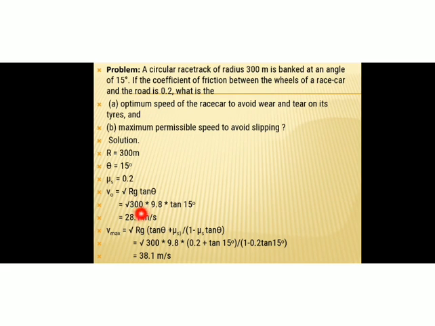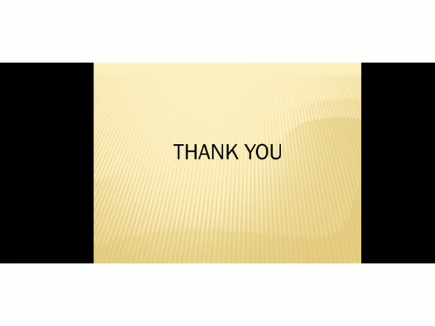So you will get square root of 300 into 9.8 into 0.2 plus tan 15 by 1 minus 0.2 into tan 15, because the coefficient of friction is 0.2, and after simplification you will get the value as 38.1 meter per second. Okay, so like this you are supposed to solve the problems based on this banking of roads.